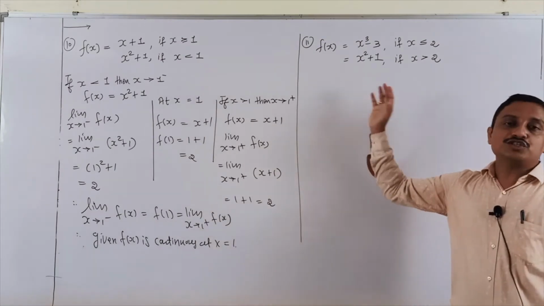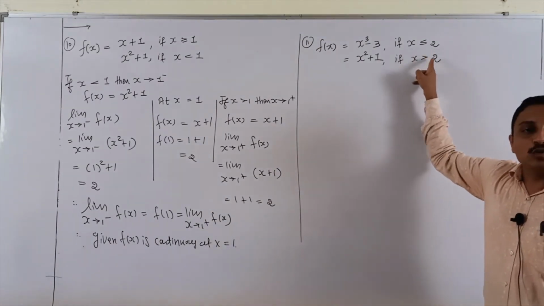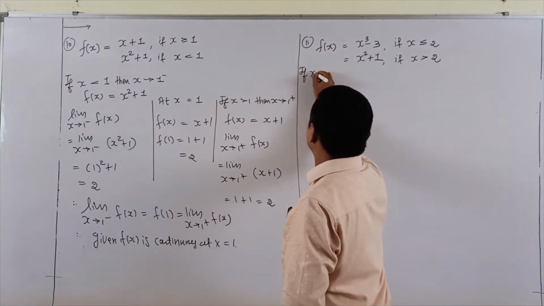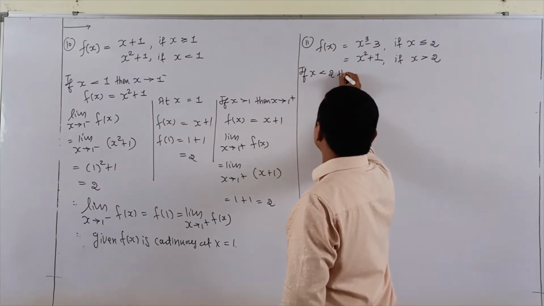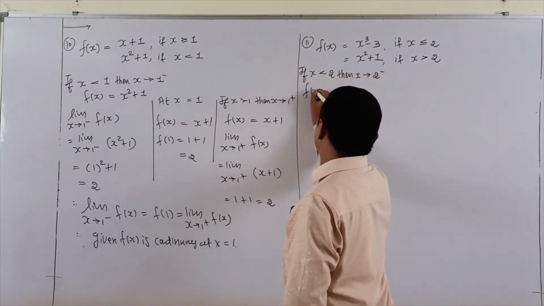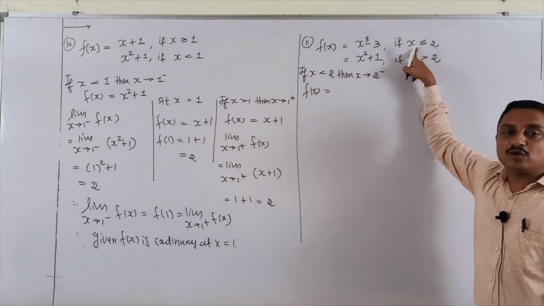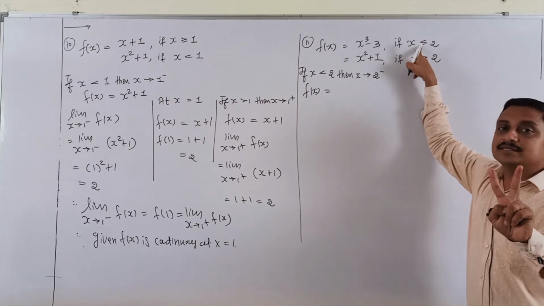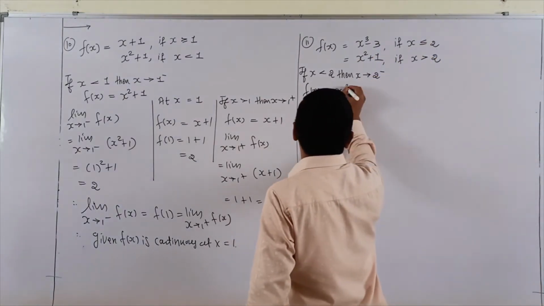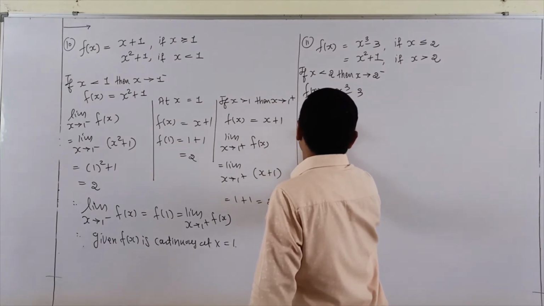Now I go to question number 11, students, checking at the place x is equal to 2. So if x is less than 2, then x tends to 2 negative. But what is the function for less than 2? Yes, here there are two meanings, one of the less and one of the equal. So their value is x cube minus 3 for less than 2.